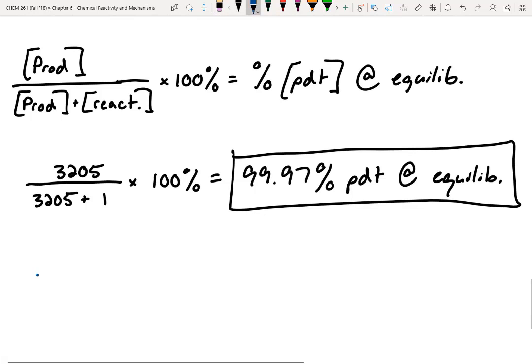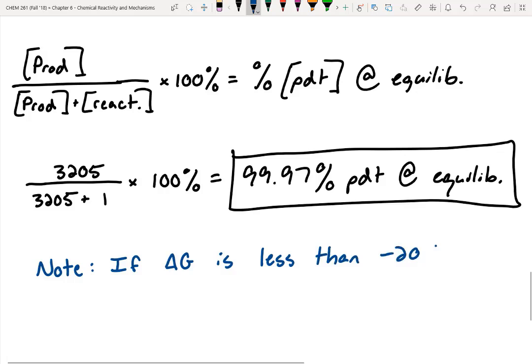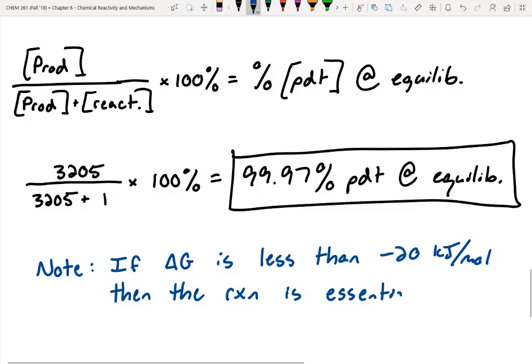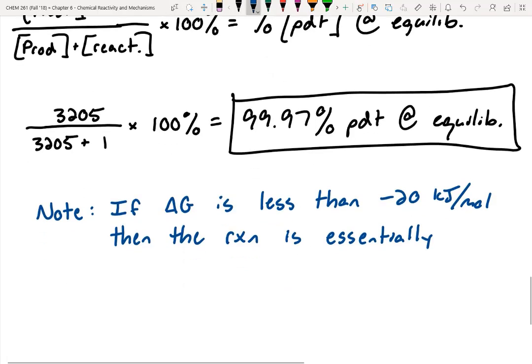So let's make a note of that. Under non-equilibrium conditions.